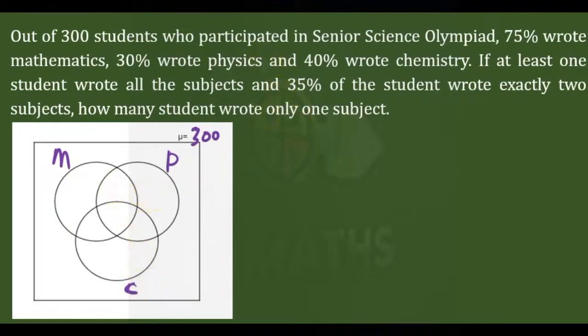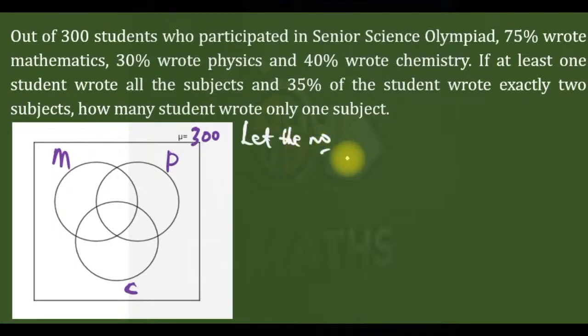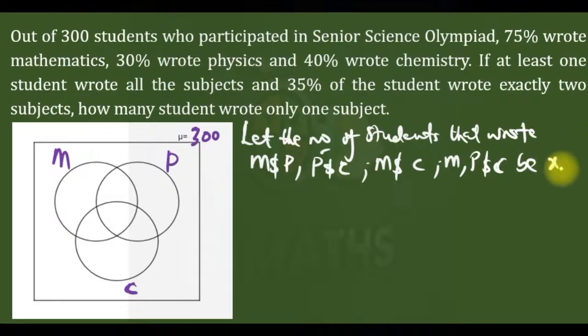So let the number of students that wrote maths and physics, I'm using their first letters, maths and physics, physics and chemistry, maths and chemistry, and finally maths, physics and chemistry be X, Y, Z and W respectively.